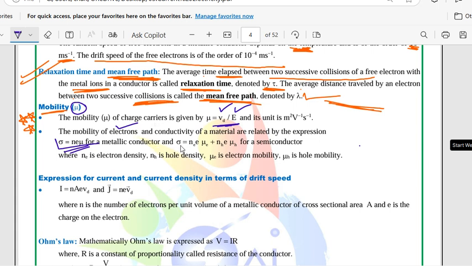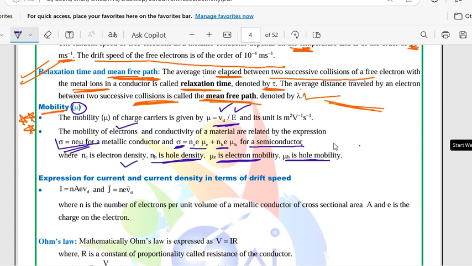For a metallic conductor, that is sigma equal to N e mu. For a semiconductor, both the number of electrons and the number of holes present matter, where N E is the electron density, N H is the hole density, mu E is the electron mobility, and mu H is the hole mobility.